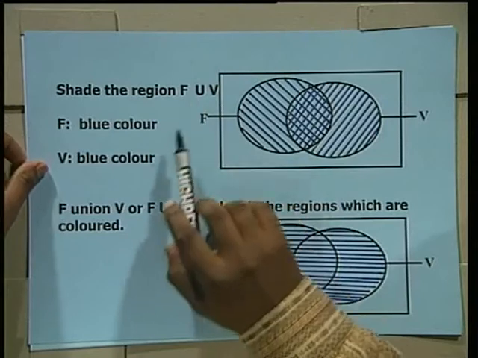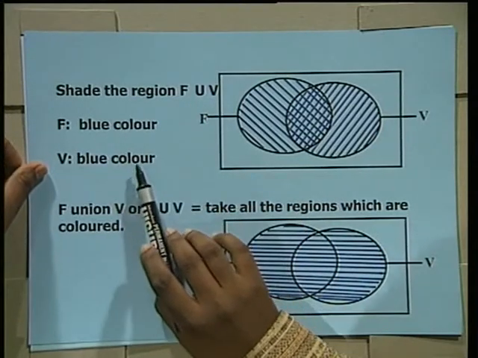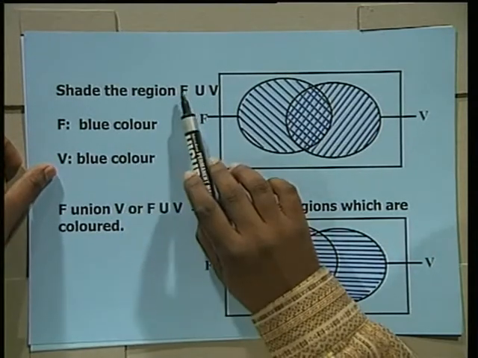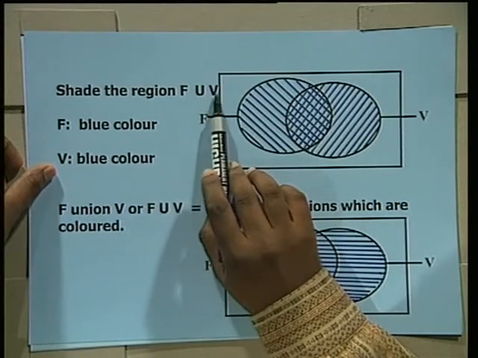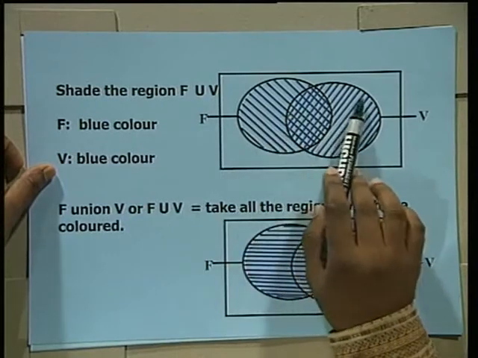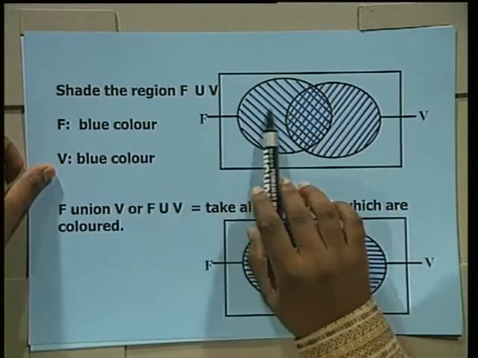Similarly, if you have to shade the region F union V, then in this case we'll proceed by shading both sets with the same color. So we have shaded F in blue and V in blue itself. We want the region F union V. So F union V is the region where we have colors.